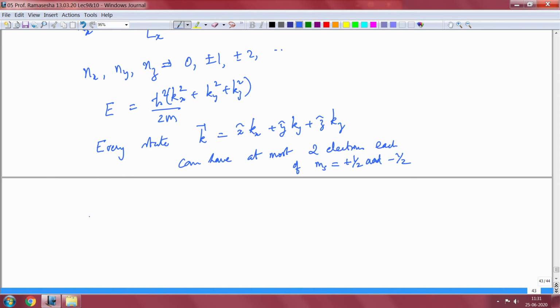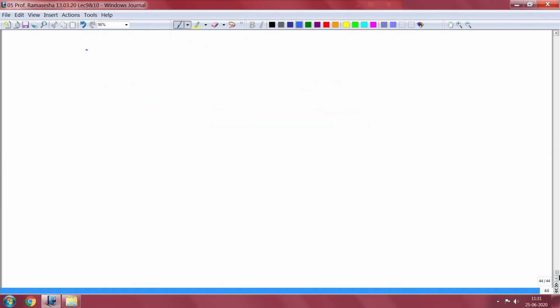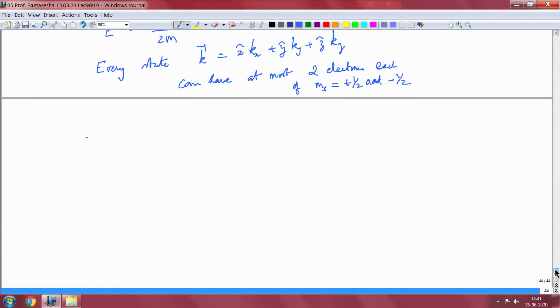So what we are saying is that if I am looking at it in the one dimensional picture, and I try to plot E as a function of k, it is a parabola, and you will have energy levels given by different values of k.